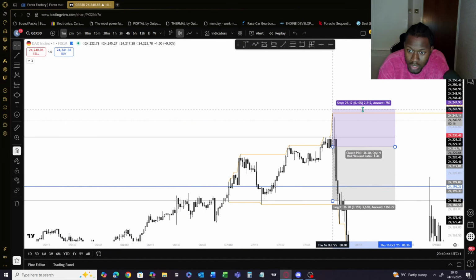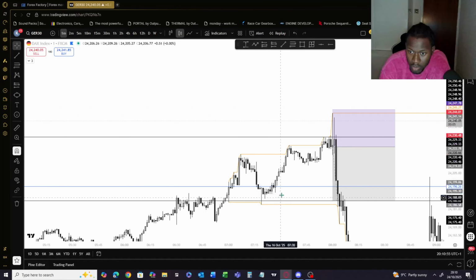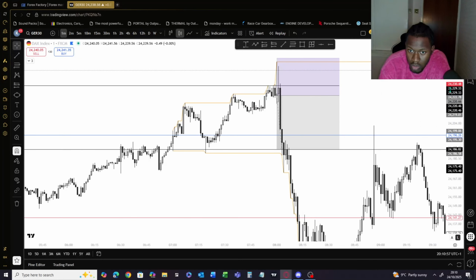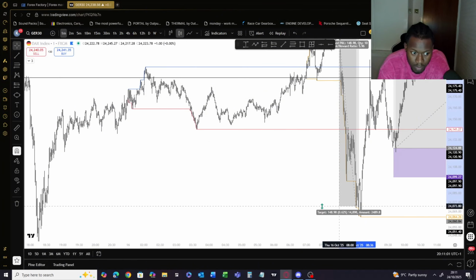So as you can see, if we ran a 25 pips stop, we would have been good. The trade would have been fine, granted that your spreads aren't insane.